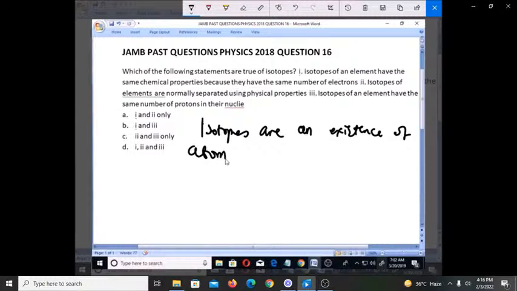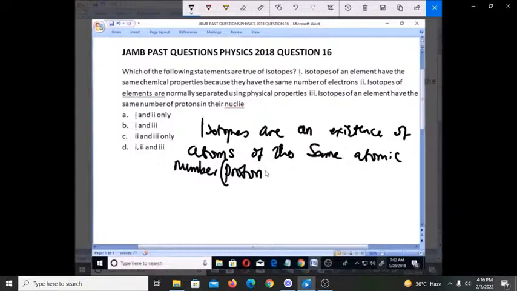It's a phenomenon where atoms exist, and those atoms are of the same atomic number. Atoms of the same atomic number. And whenever you hear the term atomic number, it simply means the number of protons. Atomic number simply means proton number is the same.